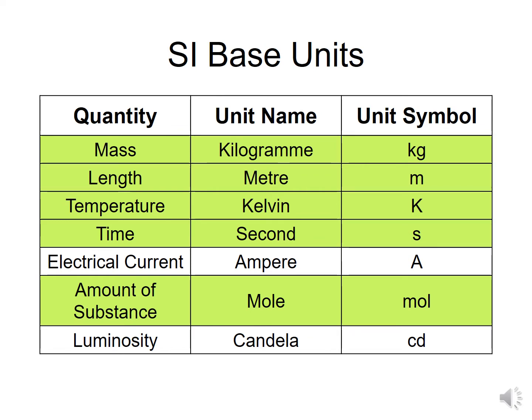Now, obviously, these quantities are very specific and simple ones, you might say, and in fact we know that all other quantities can be expressed in terms of combinations of these fundamental quantities. The other quantities are called essentially derived quantities, and the units are called derived SI units.